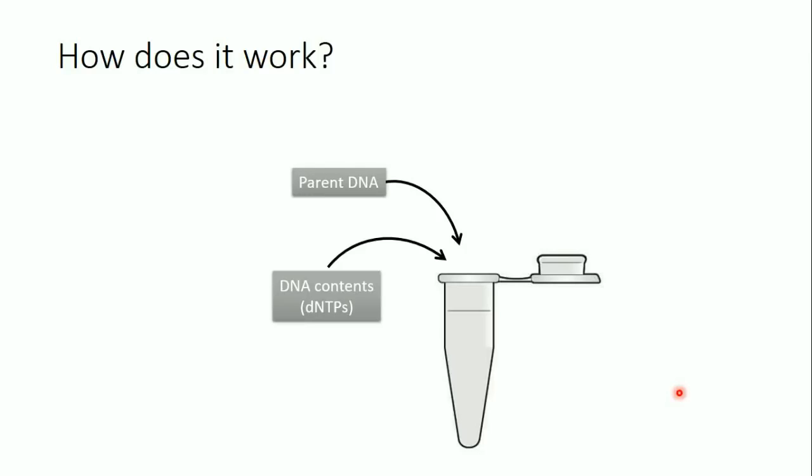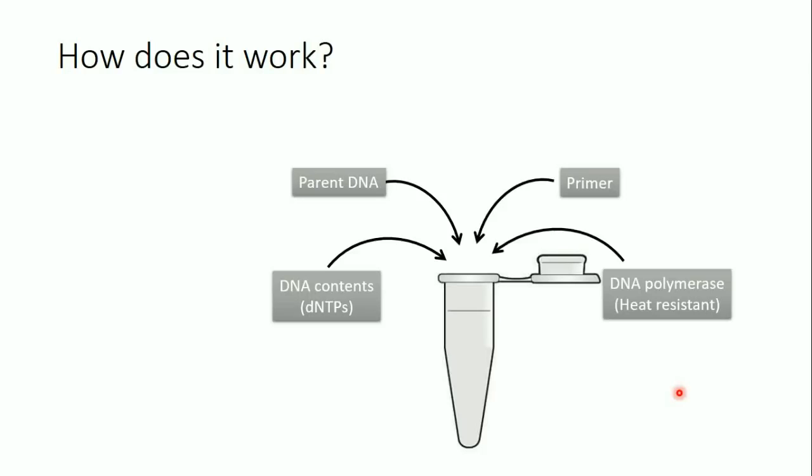Then we need the DNA building blocks because we need to synthesize DNA. So we need the dNTPs, which are the deoxyribonucleotide triphosphates, the adenine, thymine, cytosine, guanine. We also need a couple of primers, the reverse and the forward. This I told you in the previous video, and of course we need the very important enzyme, the heat-resistant DNA polymerase, to produce DNA.